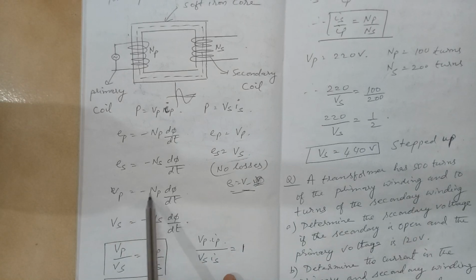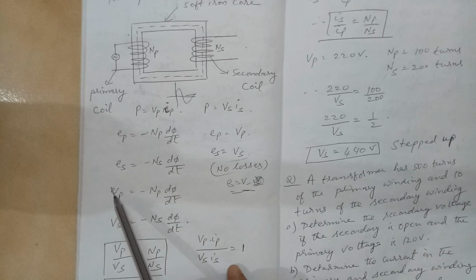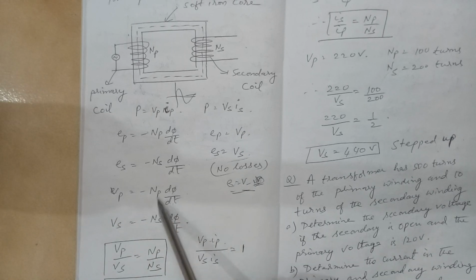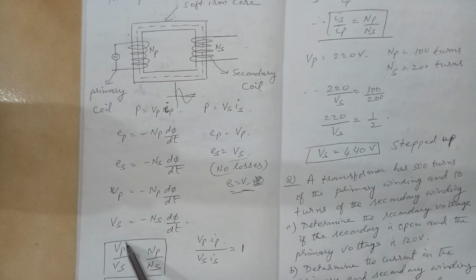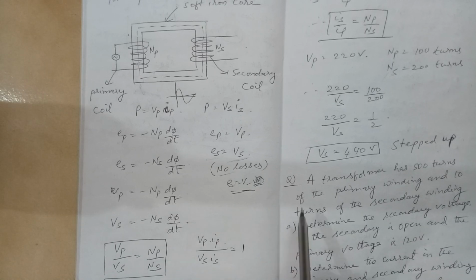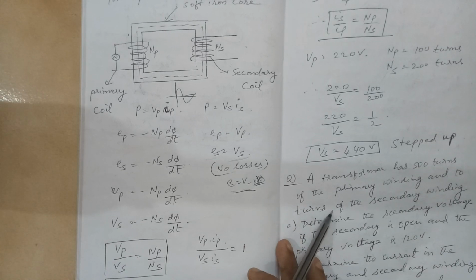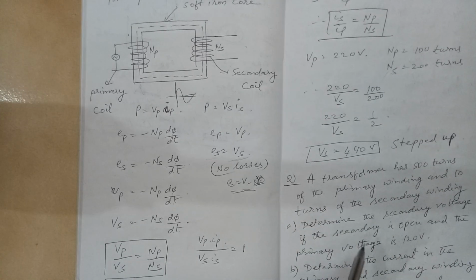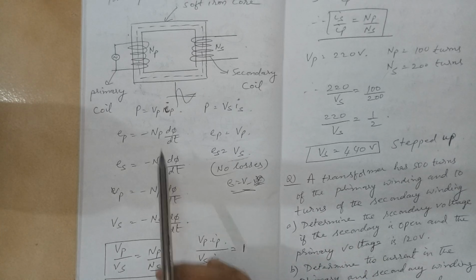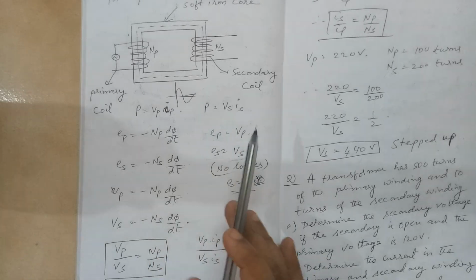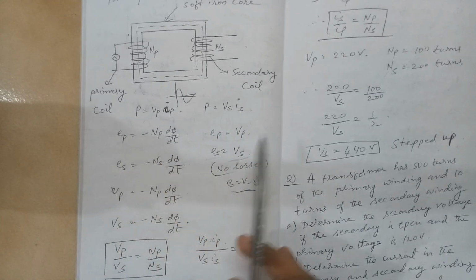So you can put them in the original equation. This becomes Vp is equal to minus Np into d phi by dt, and similarly you get the expression for Vs. Take the ratio, the common term gets cancelled out, you get Vp by Vs is equal to Np by Ns. Now the main thing you need to remember about transformers is that if it is an ideal transformer, the power remains the same.